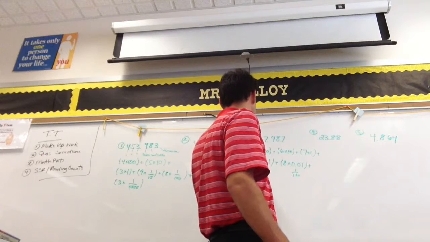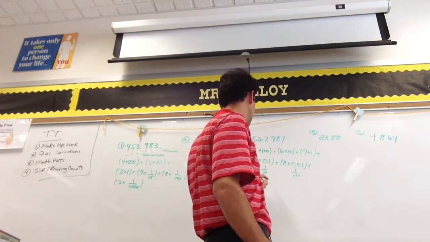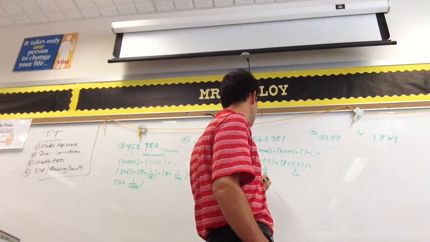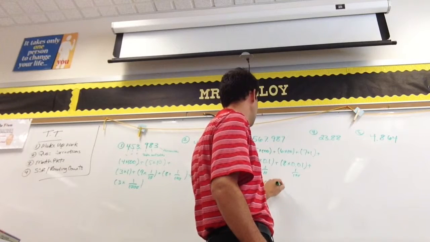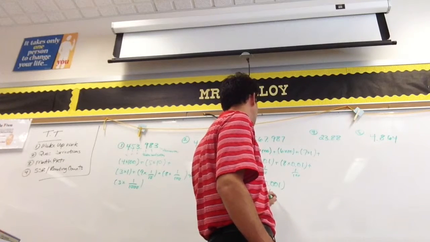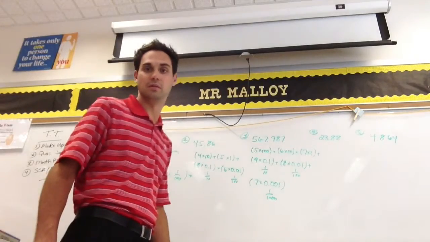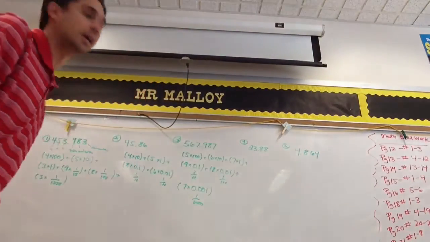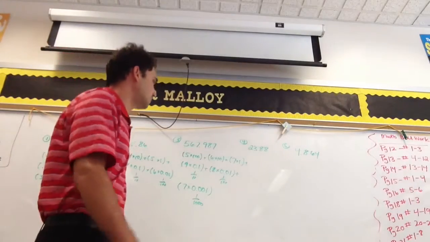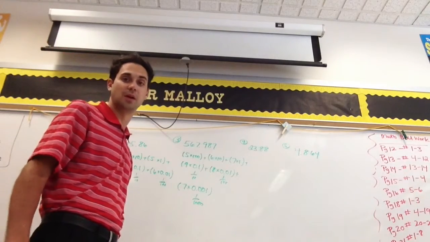And 7 is in the thousandths place, so 7 times 0.001, or 1/1,000. Okay? Pause the video again. And when you start it back up, we'll be on number 4.